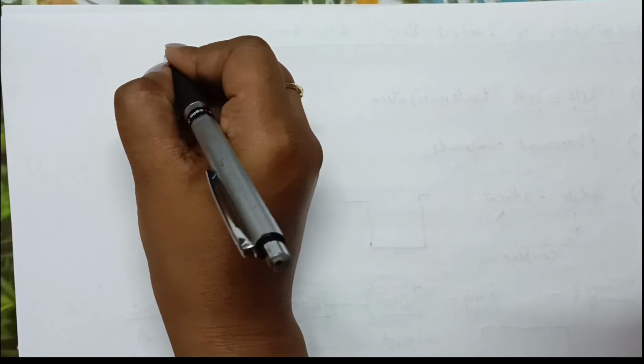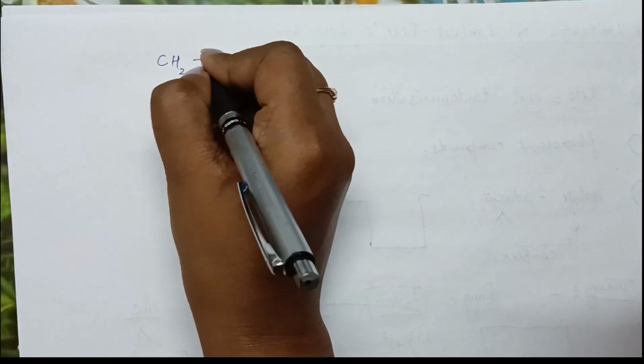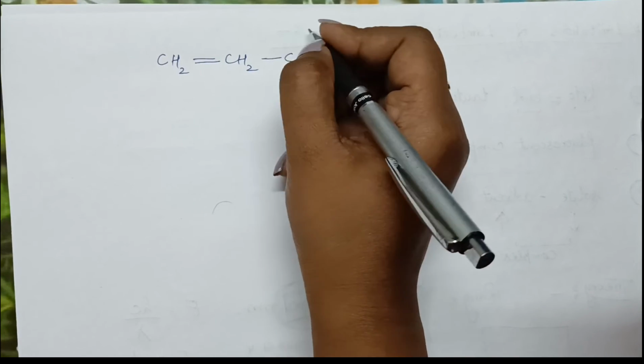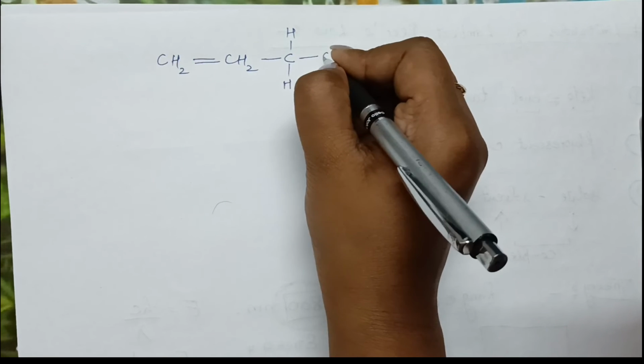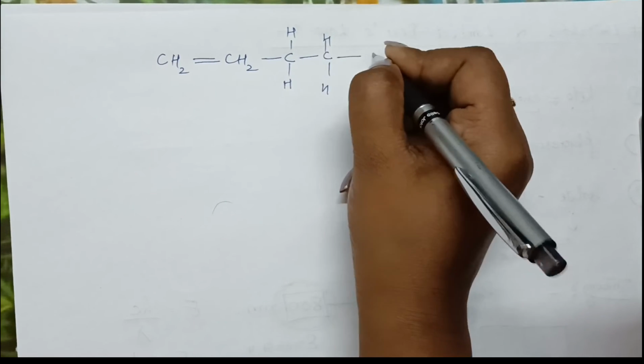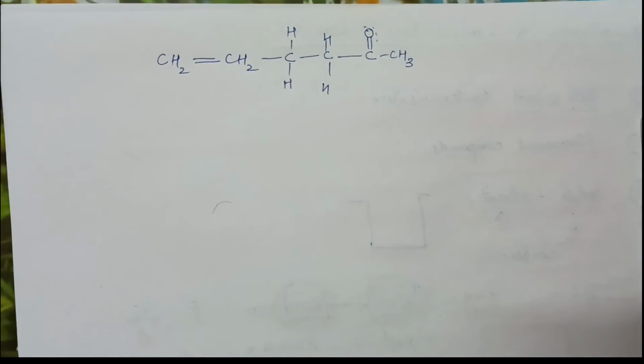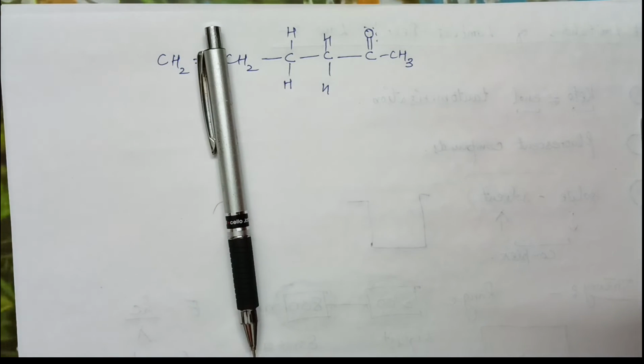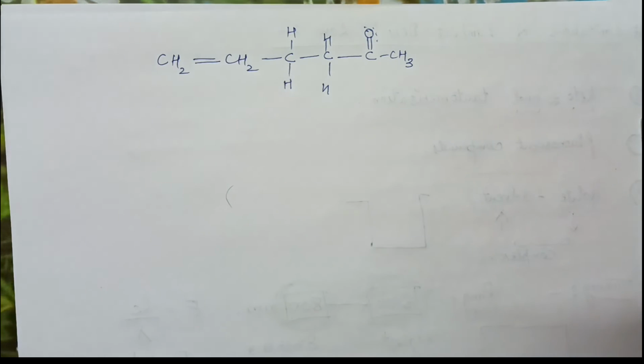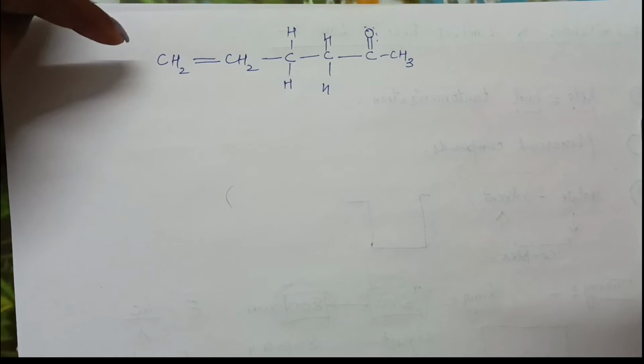Now moving on to all those important questions, we need some basic knowledge. First we will discuss some basic parts and then we will try to answer the questions that are arising: why we get a broad peak and why we do not get sharp peaks. So suppose we have a certain molecule.